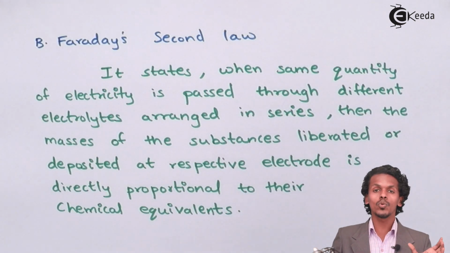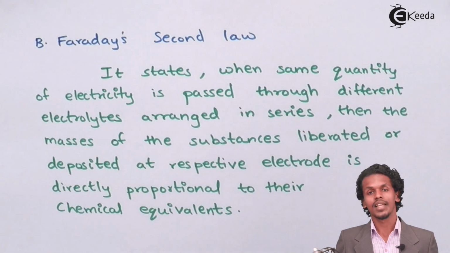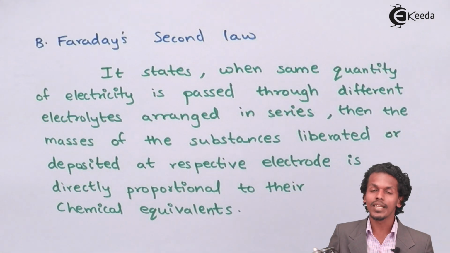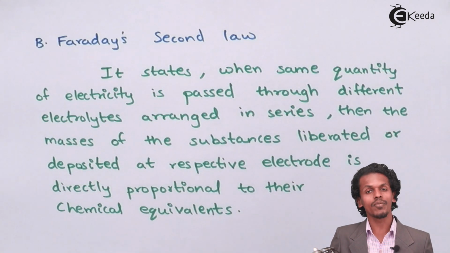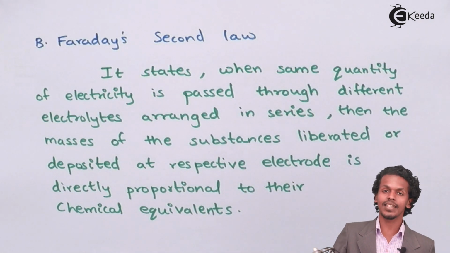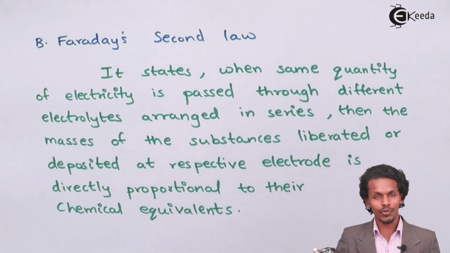Suppose I consider two solutions, one is NaCl solution and one is ZnCl2 solution. Both are connected in series. It is the same example as we did for the electrolytic cell of molten NaCl, but in that case there was only one cell of molten NaCl, while now we are taking the NaCl solution as well as the ZnCl2 solution.